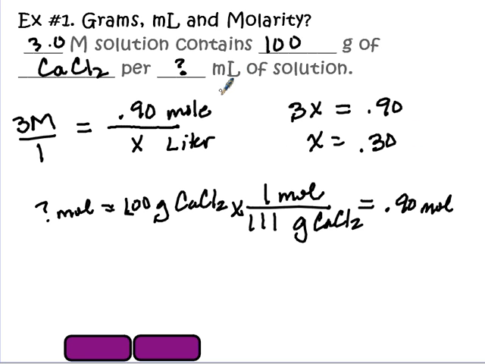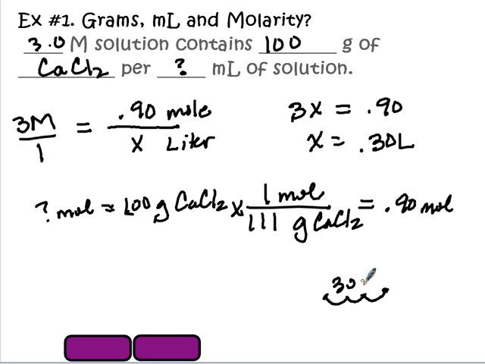What do I want? Milliliters. So let's see. I went 3 places to the left to get my milliliters into liters. So guess what I'm going to have to do to get it back to milliliters? Yep, you got it. 3 places to the right. So let's do that. I'm going to move down here so I've got a little more space. 0.30 is going to have to move 3 places to the right. 1, 2, 3.